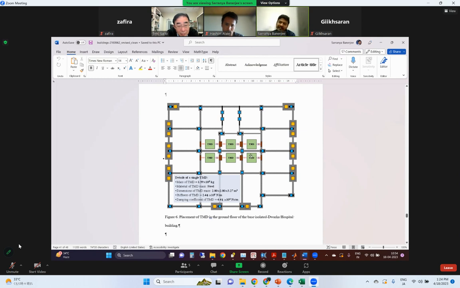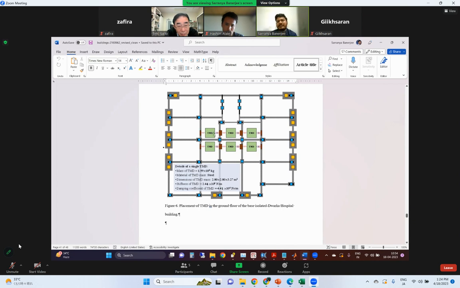So I divided the TMD mass into 6 masses, and could accommodate a single TMD system using the same stiffness, damping and mass elements, and get controlled results from this practical system.